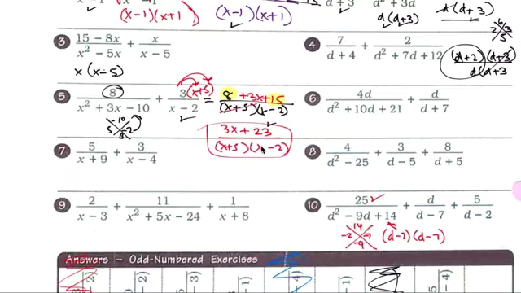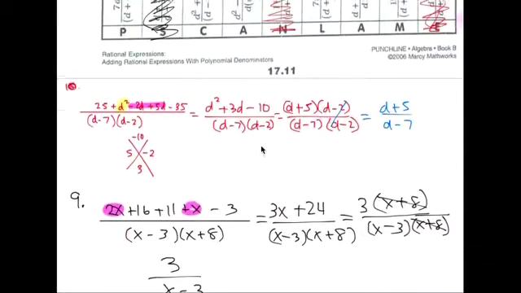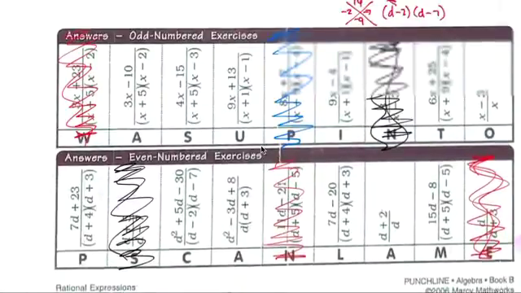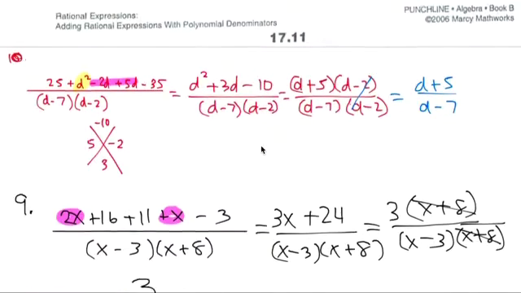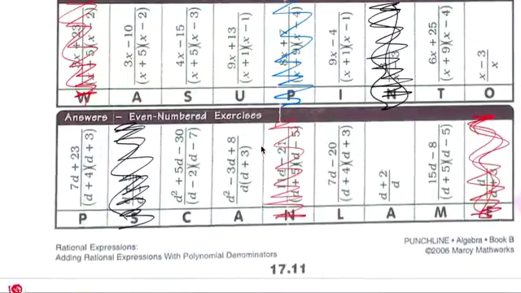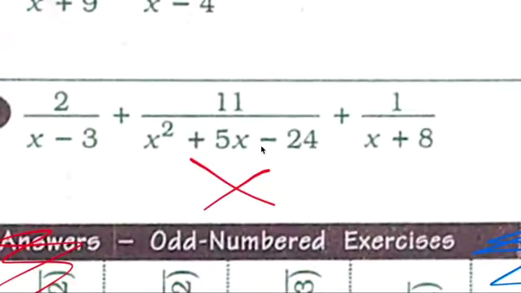Okay, and that's basically, if you have 3 terms, I'll show you what we did on number 9. We factor this one out to find the common denominator of this one. And then we go, okay, this one is missing a plus.